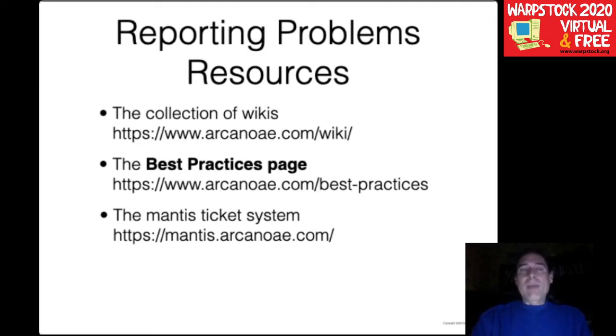You can get to the best practices page from the same place all the other wikis are. It's down at the bottom. And then the third thing is the Mantis ticket system itself. You really shouldn't need this link because you're supposed to read the best practices page first, and there's a link to the Mantis ticket system on the best practices page.